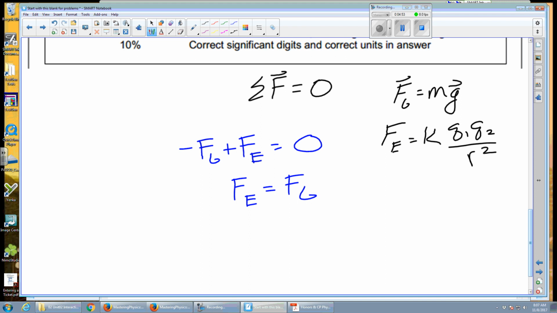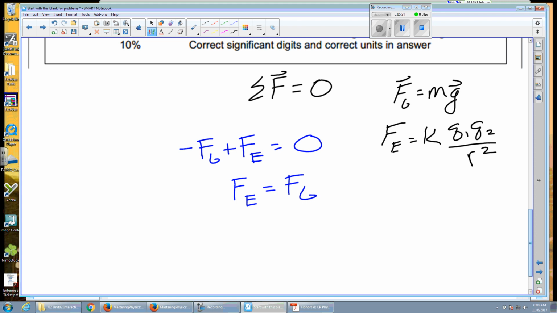No, because they don't satisfy the four criteria. Are they the same type of force? No. Are they on different objects? No. Are they opposite in direction? Yeah. Are they equal in magnitude? Yeah, but they failed 2 out of the 4 tests, so they can't be a force pair.